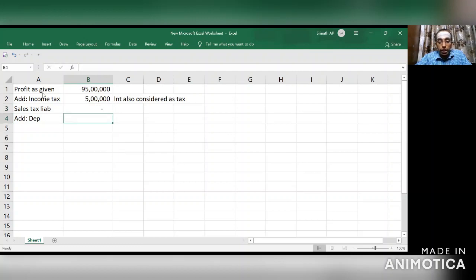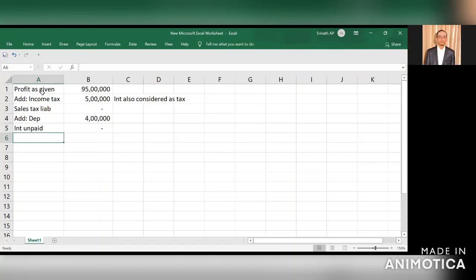Then depreciation, you will add the full depreciation and then reduce whatever depreciation you have got other than revaluation. So we will add full depreciation. Then after that, interest unpaid, no adjustment. Interest unpaid is again a 43B adjustment.